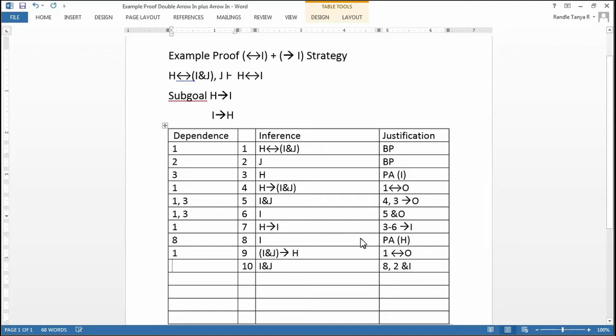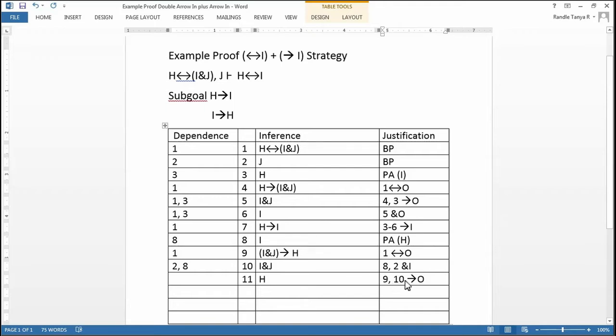So line 10 is going to depend on line 2, because line 2 depends on line 2, and it's going to depend on line 8, because line 8 depends on line 8. So I will put lines 2 and 8 here. Okay, that's nice, because now I have the antecedent of this conditional, which allows me to infer the consequent H, and that is from 9, 10, arrow out rule.